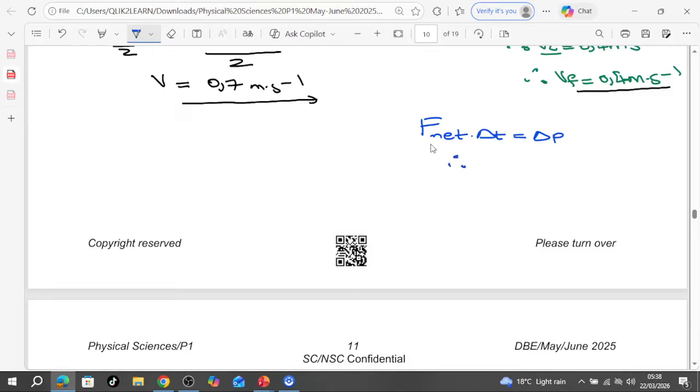You can divide both sides by delta T. So F net is equal to change in P all over delta T.